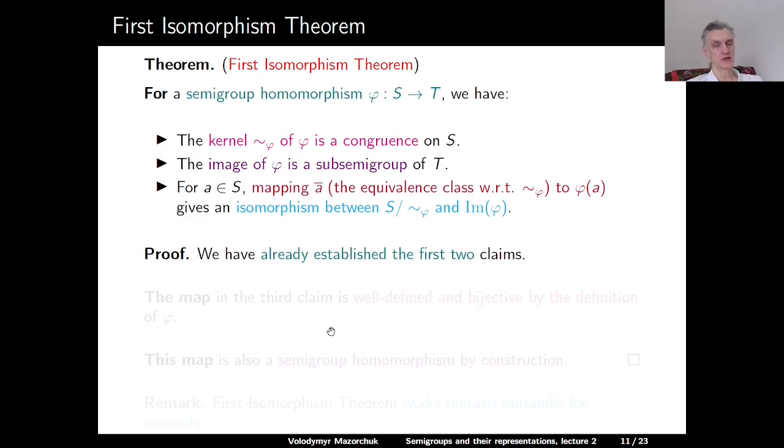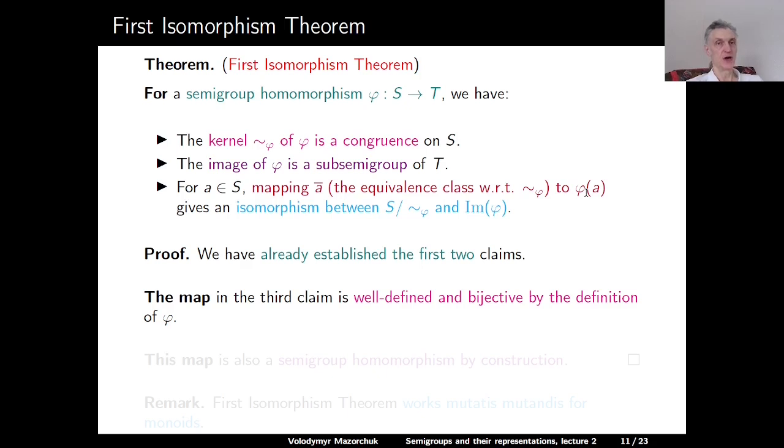We know that kernels of homomorphisms are congruences, and images of homomorphisms are semigroups. And the map in the third claim is well defined and bijective. This follows directly from the definition of phi. So the class of A consists exactly of all elements which are mapped to the same element of T by phi.